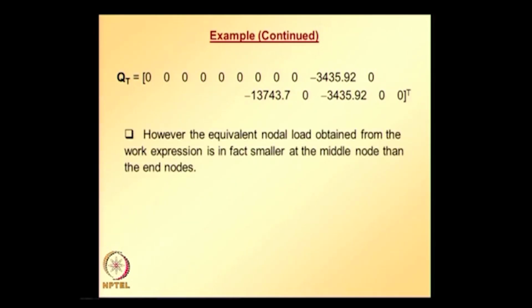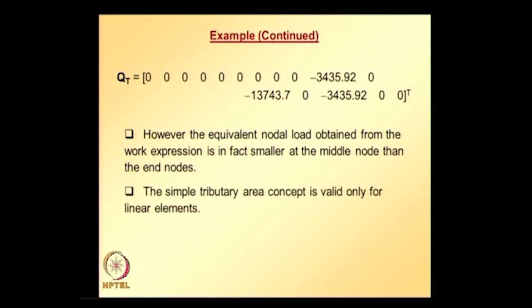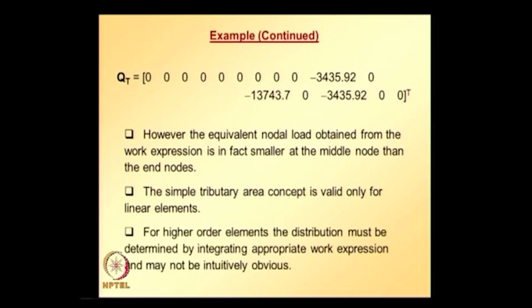The equivalent nodal load obtained from the work expression is in fact smaller at the middle node than at the end nodes. The simple tributary area concept is valid only for linear elements. For higher order elements, the distribution must be determined by integrating appropriate work expressions and may not be intuitively obvious. So, keep this in mind.